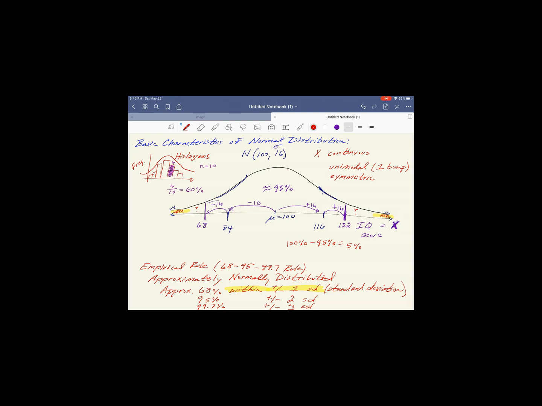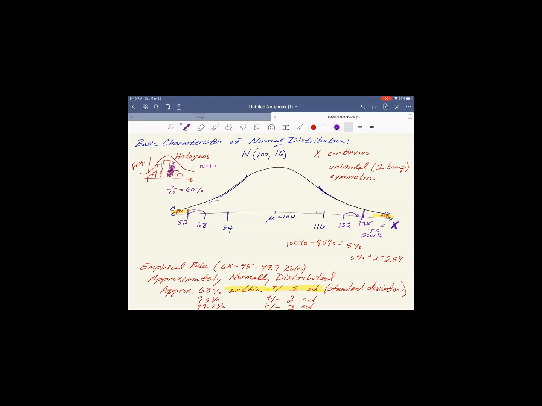Then, remembering that this is a symmetric distribution, we simply divide that leftover 5% equally. We divide it by 2 to share it equally to both tails. So 5% divided by 2 will give us 2.5% in each tail of this distribution when we're looking beyond plus or minus 2 standard deviations.